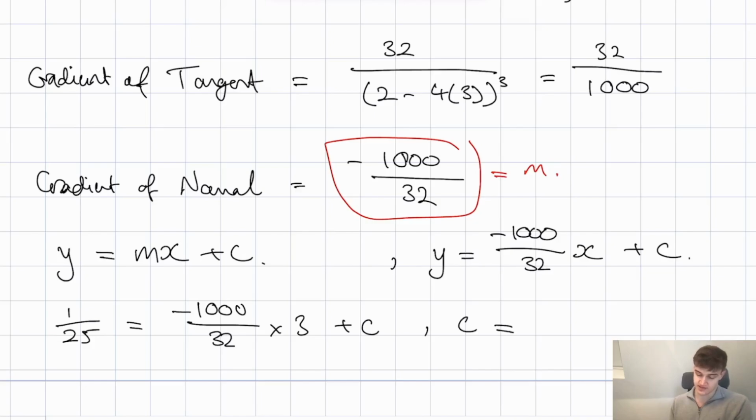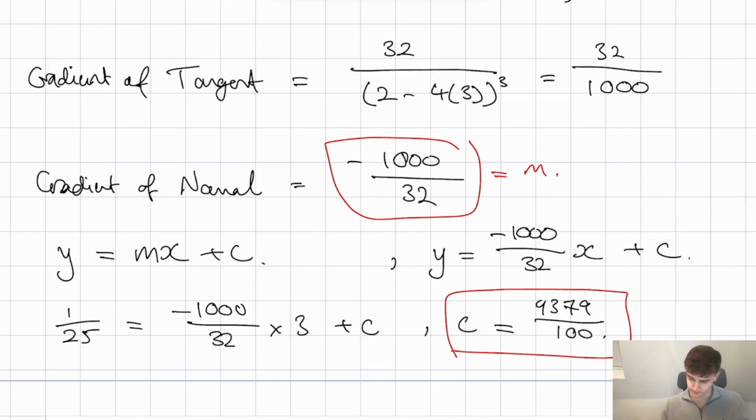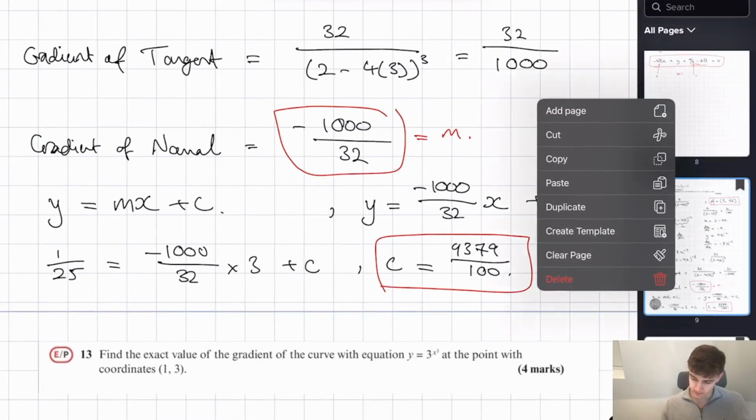That's going to give us c is, let me add that to the other side, 1 over 25 plus 3,000 over 32. So it's giving me 9379 over 100. If I put it in my calculator, let me add a page.